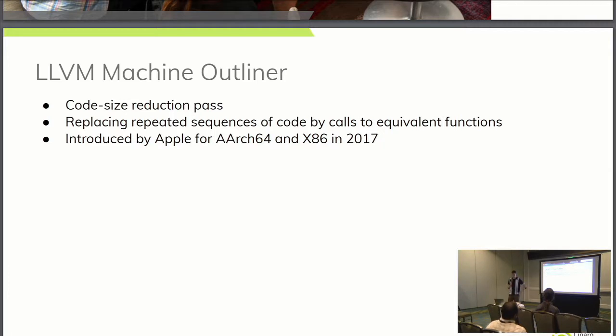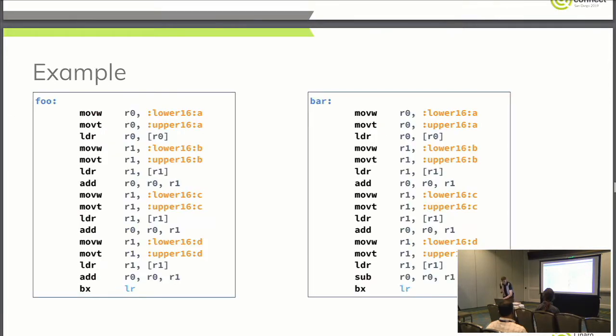This was introduced by Apple for AArch64 and x86, and Ivan has been porting that to ARM, Thumb, and Thumb-2. Okay, so here's an example. See if you can spot the difference at this particular point. As far as I could tell, this is A plus B plus C plus D on the left side, and A plus B plus C minus D on the right-hand side.